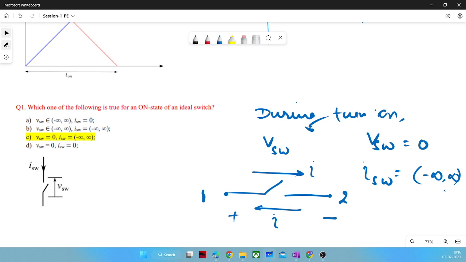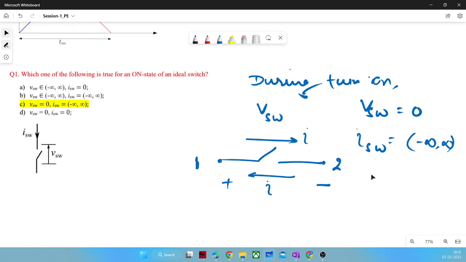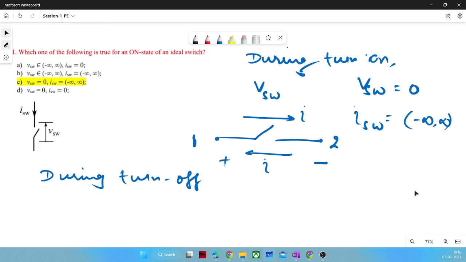In practical switches we have some limitations based on ratings, which we will see further. So these are the characteristics of turn on, and during turn off, all the cases will be reversed.